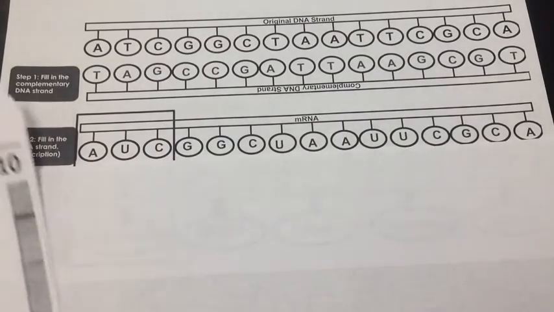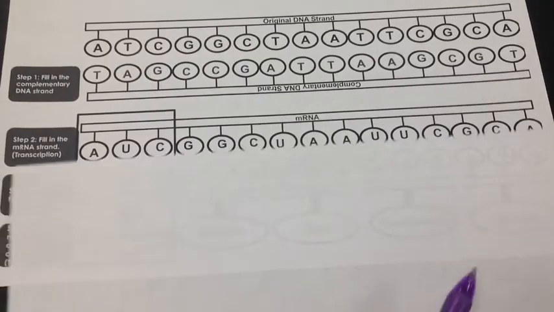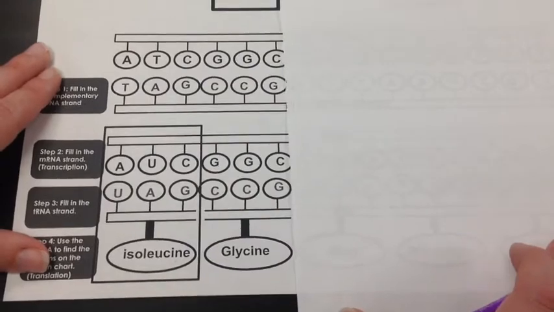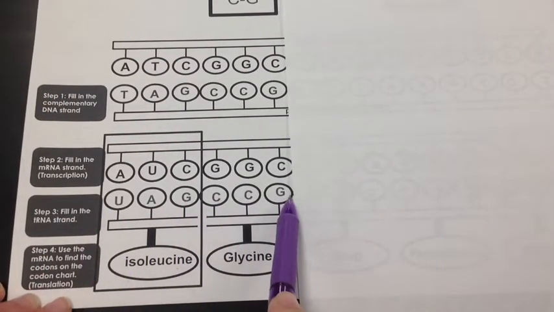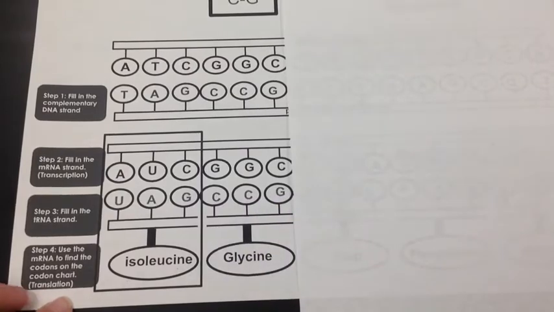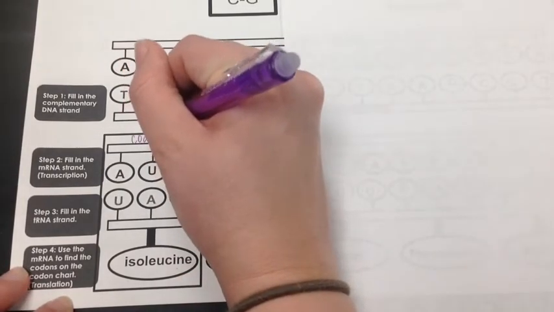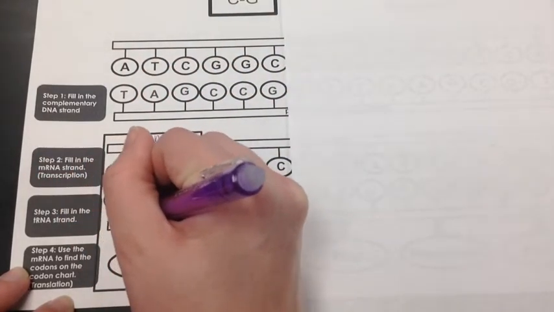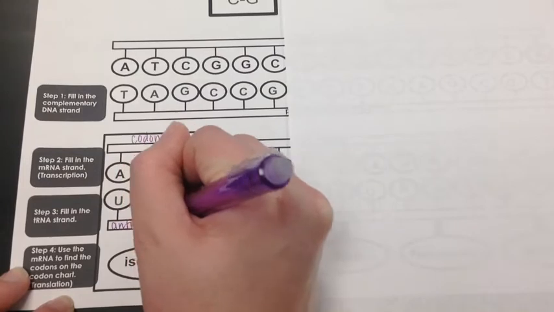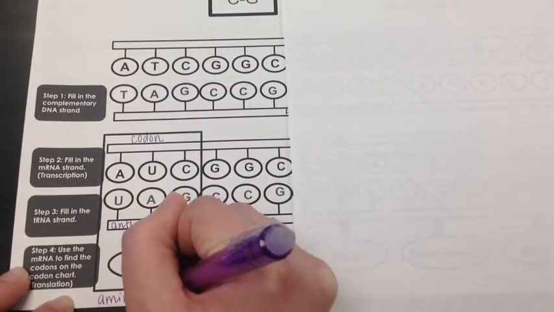Our next one, GGC. It should be glycine. And your complement tRNA should say CCG, or anticodon. This up here, mRNA, is called the codon. Down here is called the anticodon. And this is the amino acid.